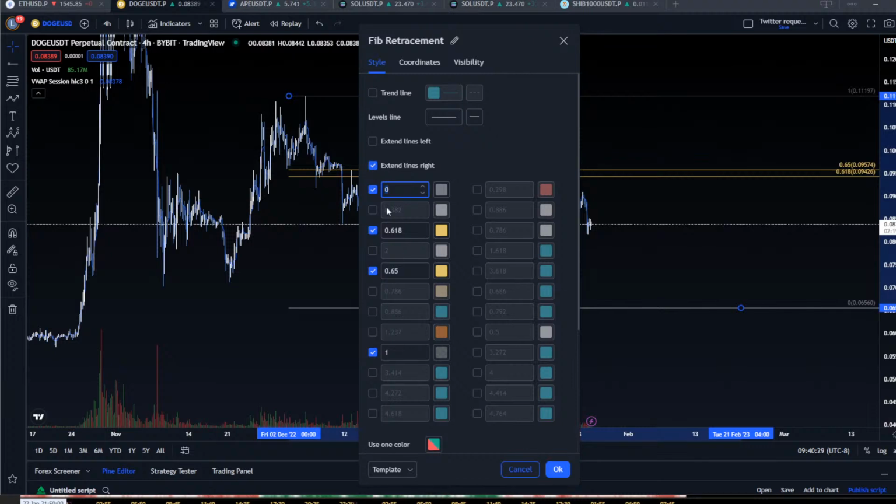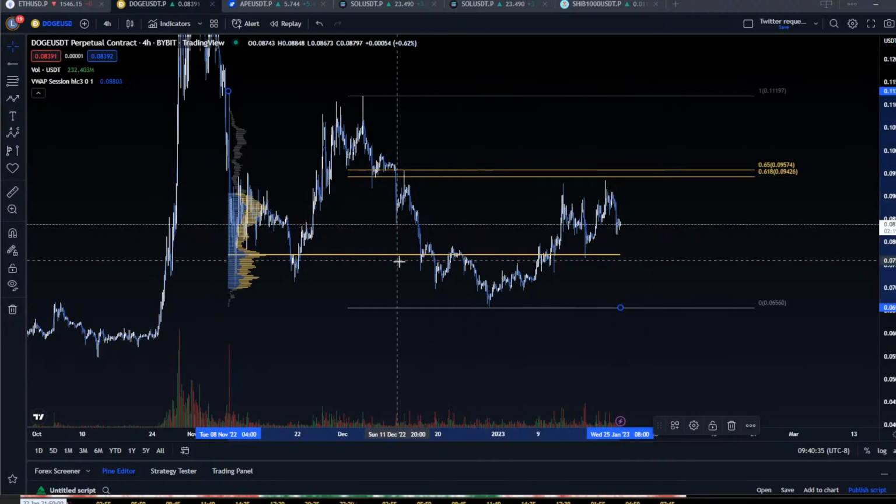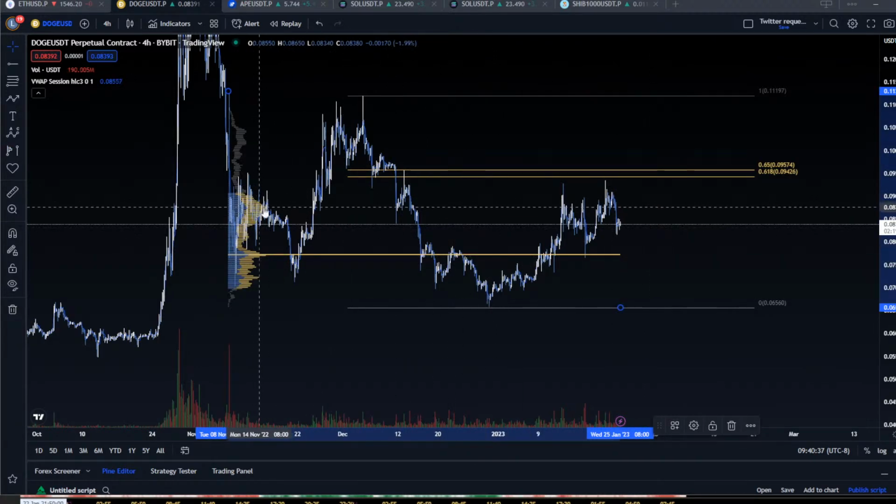Not really here. Point of control is a little different, but there's a high volume area here as well.